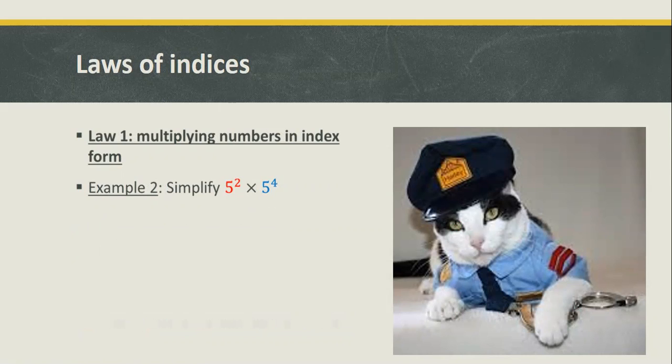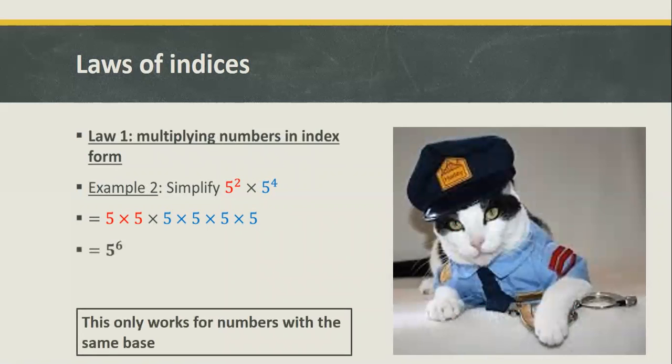Example 2. Simplify 5 squared times 5 raised to the power of 4. The same thing. We have 5 squared, or 5 raised to the power of 2, so we express this 5 in 2 places, and the second 5 in 4 places. That is 5 times 5, and then times 5 times 5 times 5 times 5. How many 5s do we have here?